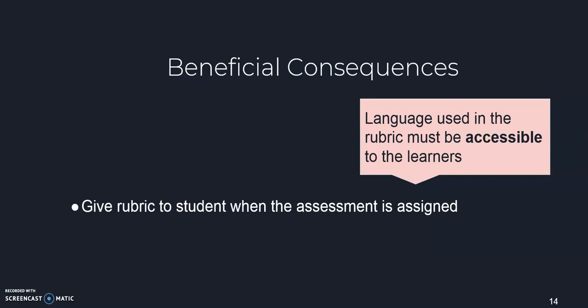I can use different language. And perhaps I want to use full sentences with beginners because I'm modeling that, but for maybe more advanced learners, I can use just phrases because those learners can handle that ambiguity and that choice in how to convey information in a rubric.